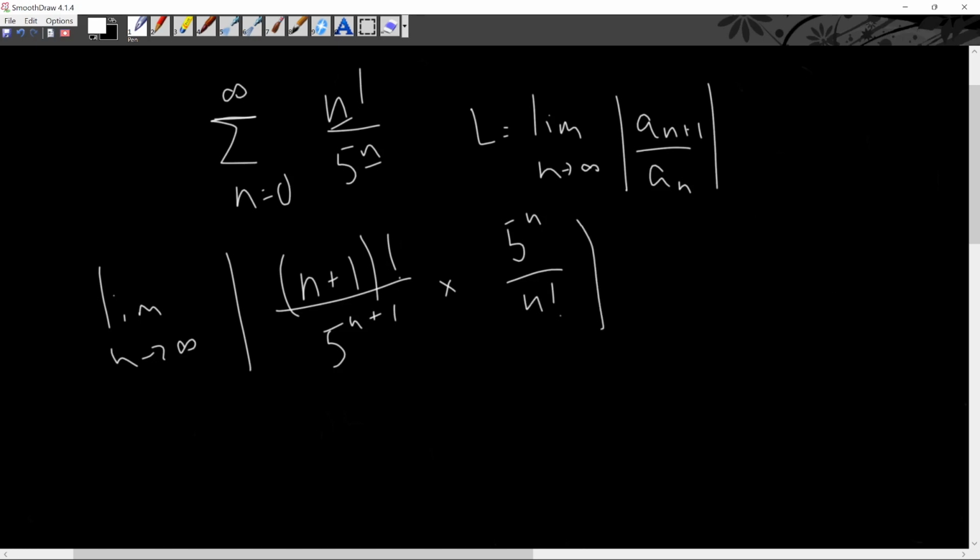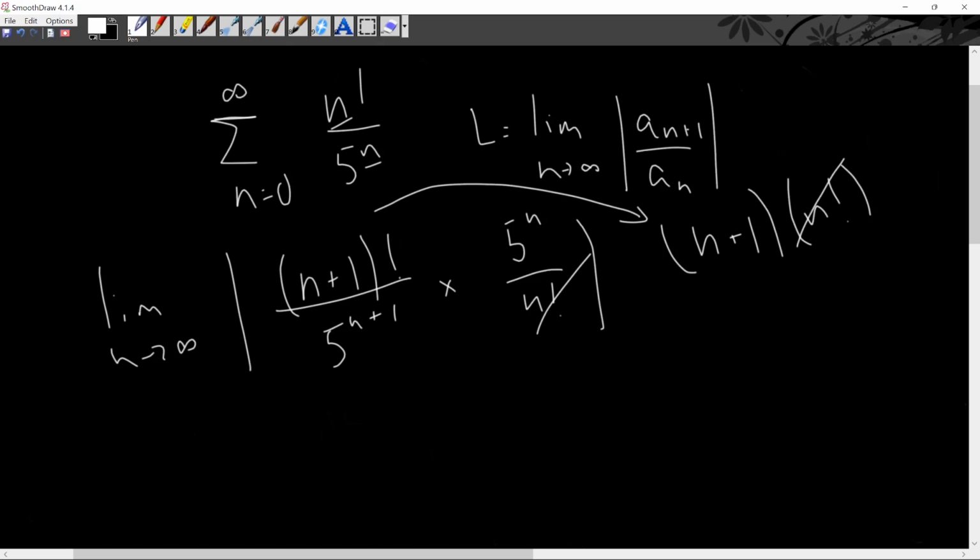And as we said, n plus 1 factorial is the same thing as n plus 1 times n factorial, right? So if we say that this is true, then we can cancel out these n factorials, and then for 5 to the n and 5 to the n plus 1, you do exponent subtraction.